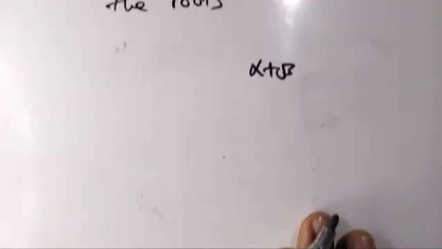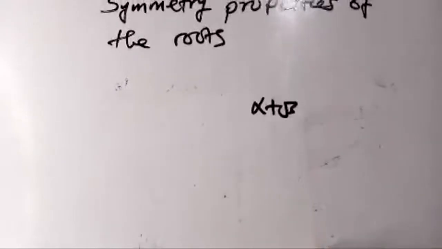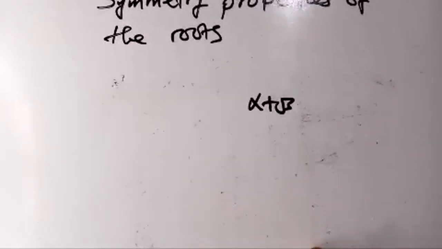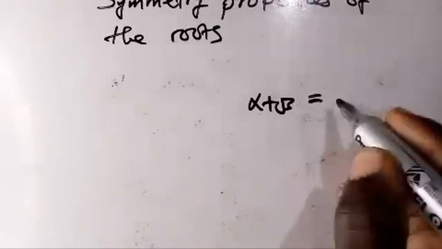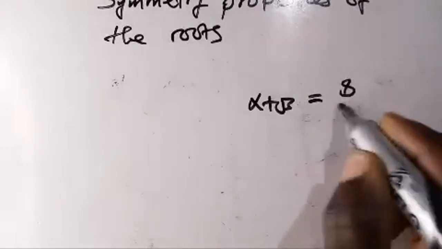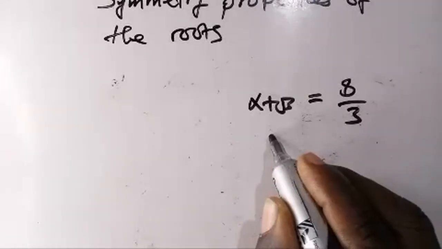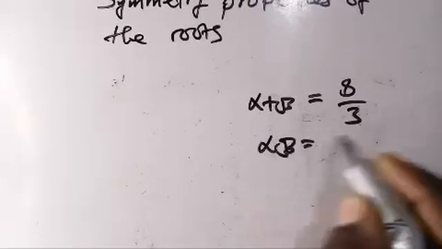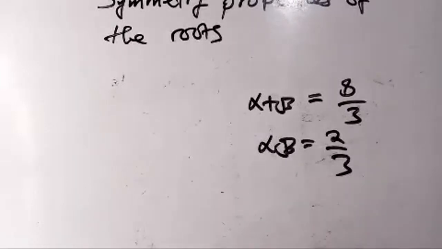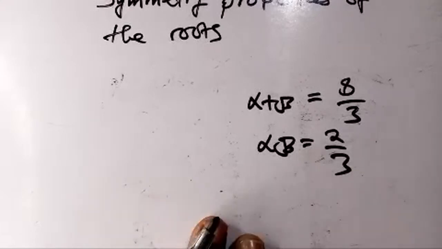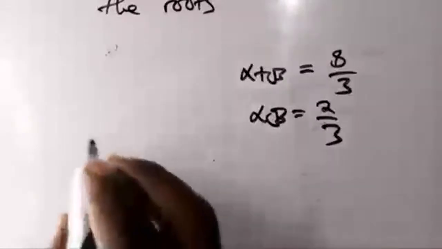Alpha plus beta is equal to 8 over 3, and alpha multiplied by beta is equal to 2 over 3. So now let's try to find another similar example.